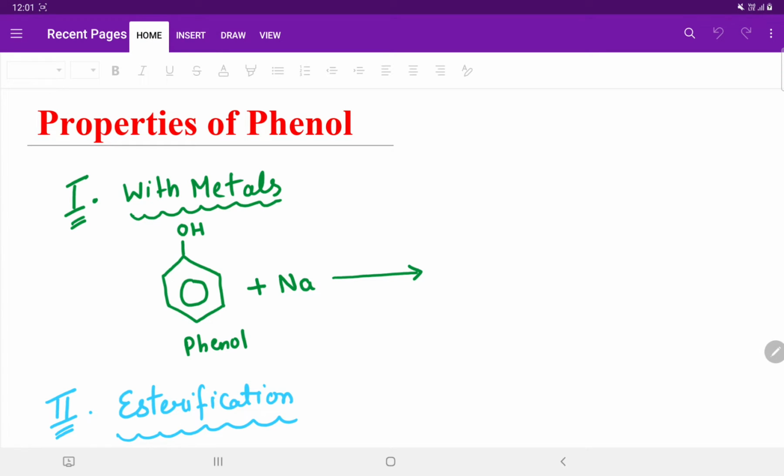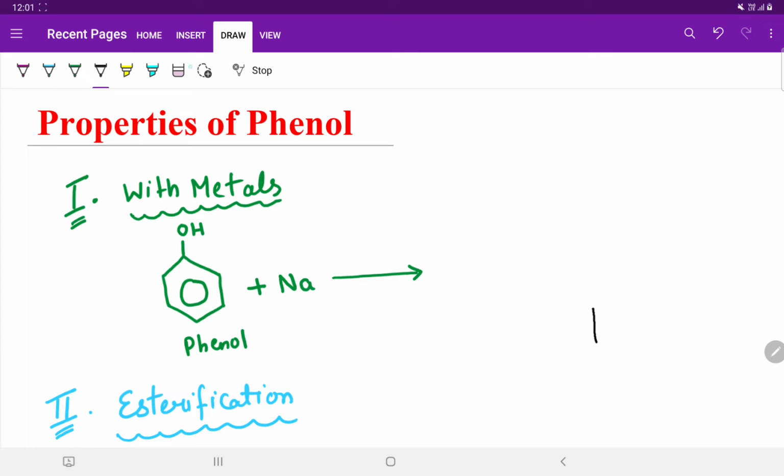This is the reaction of phenol with that of the metals. So how does the phenol react? So here you can see the structure of phenol is present, this one. Now this is the structure of phenol. C6H5OH is its chemical formula.